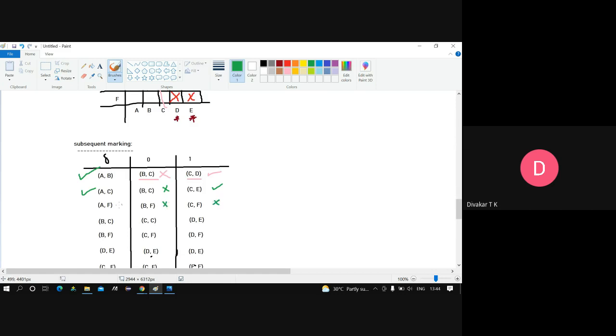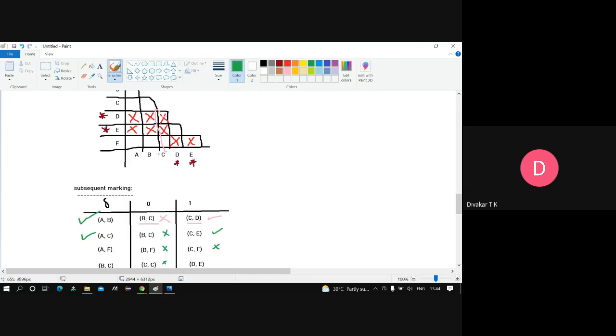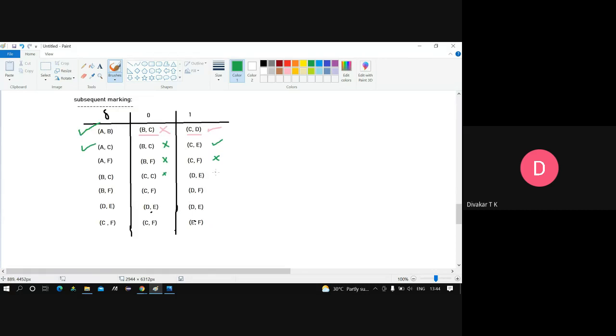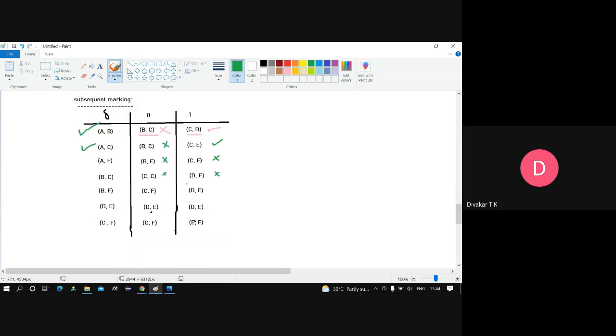So here we should not mark. Next to C comma C, no marking, common sense. Next D comma E. D, E, no marking, no marking. C comma F, D comma F. C comma F, no marking, D comma F is marked. This is no marking, this is marked.